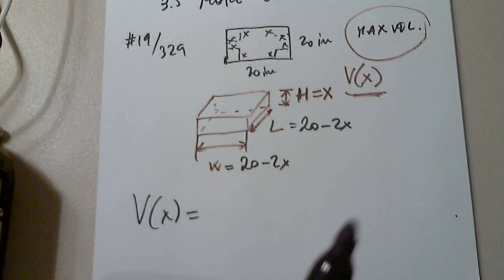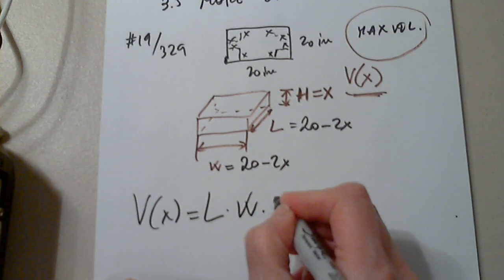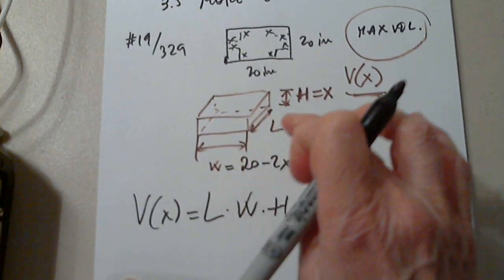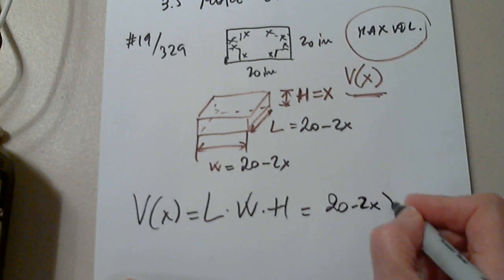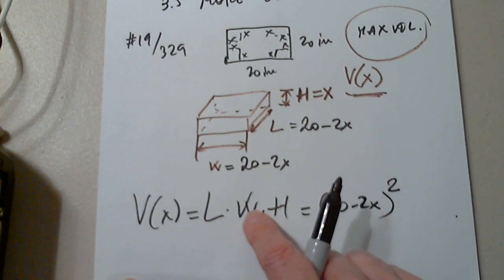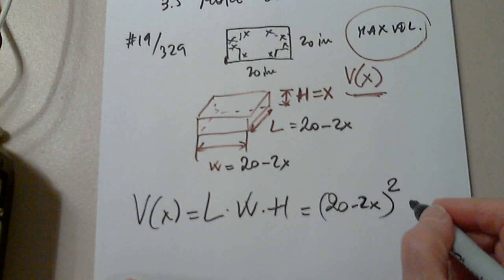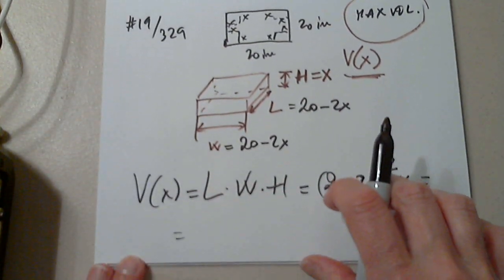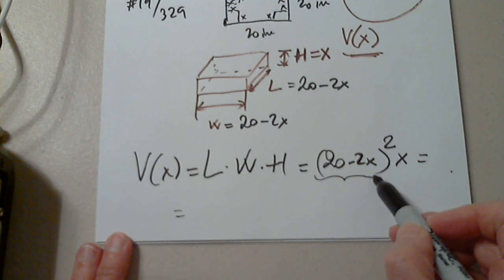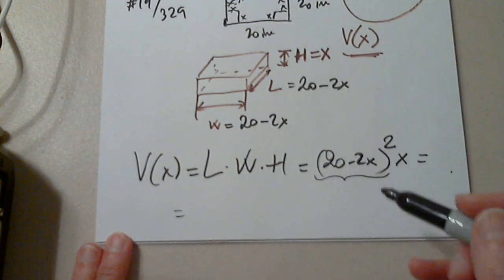I'm going to write it here for you. But the length and the width are the same. So I have 20 minus 2x to the second power. And the height is x. I can put it in front or I can put it at the end. Perfect.